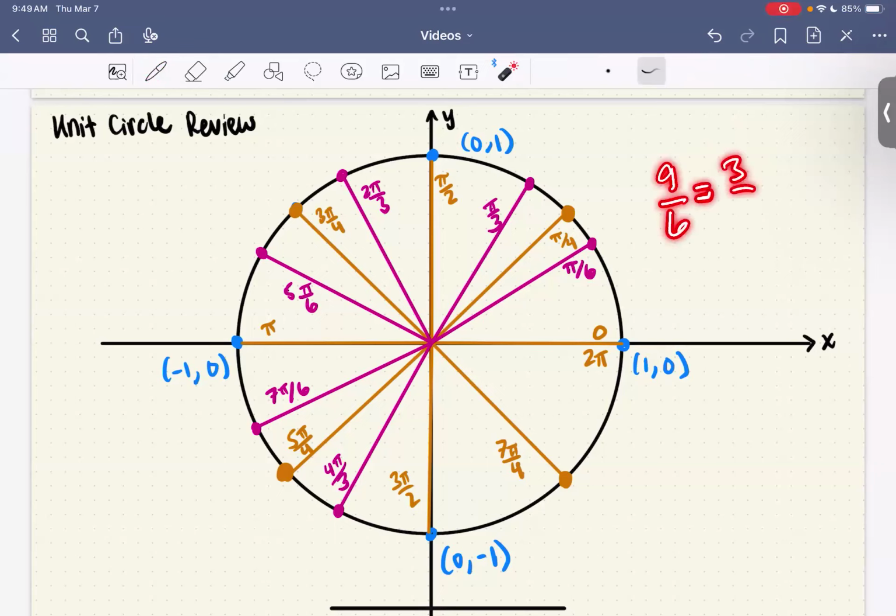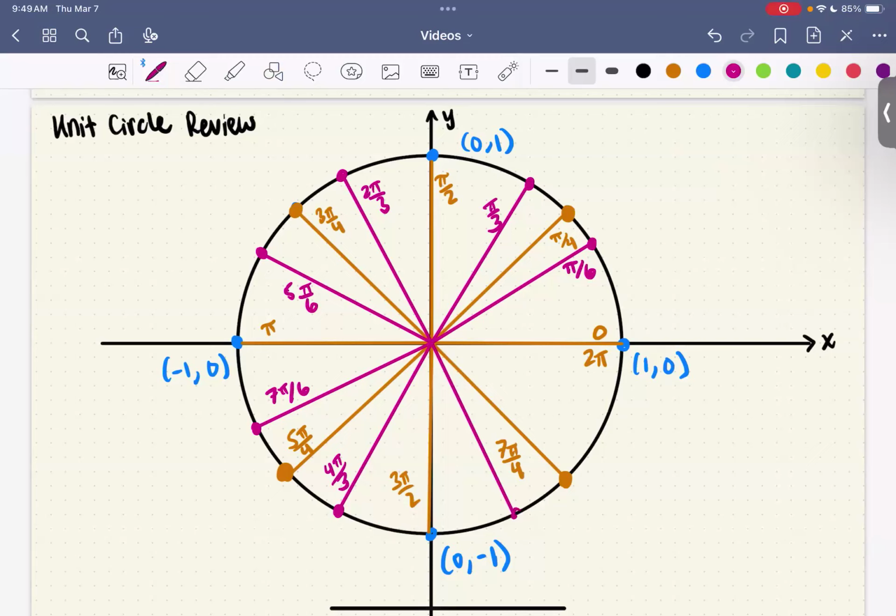9/6 is 3/2. I already have that here. 10/6 is 5/3. So that's going to be this angle, 5 pi/3. 11/6 puts me here.